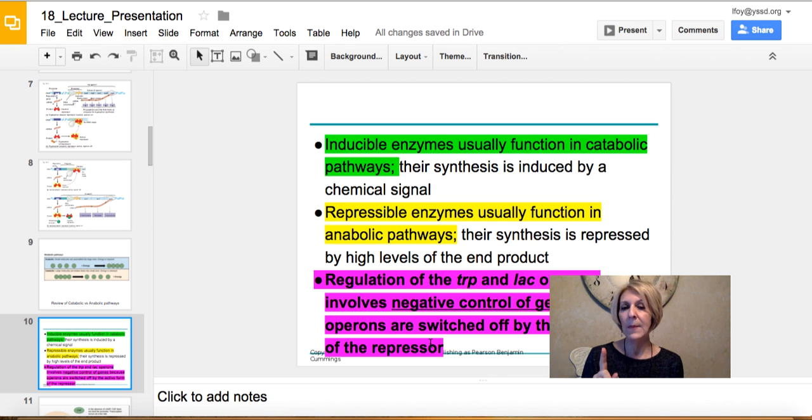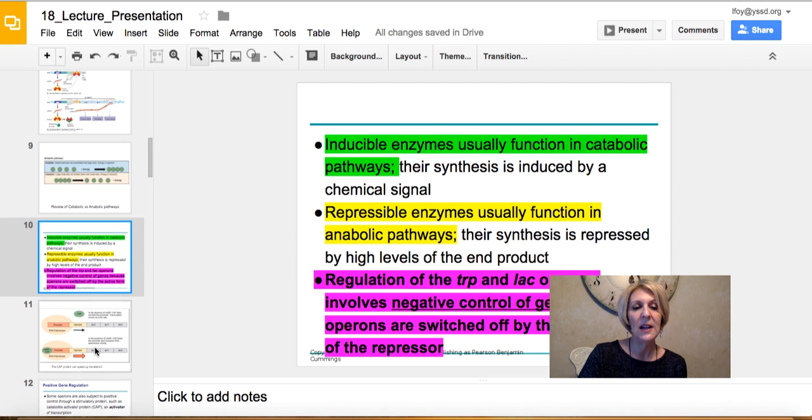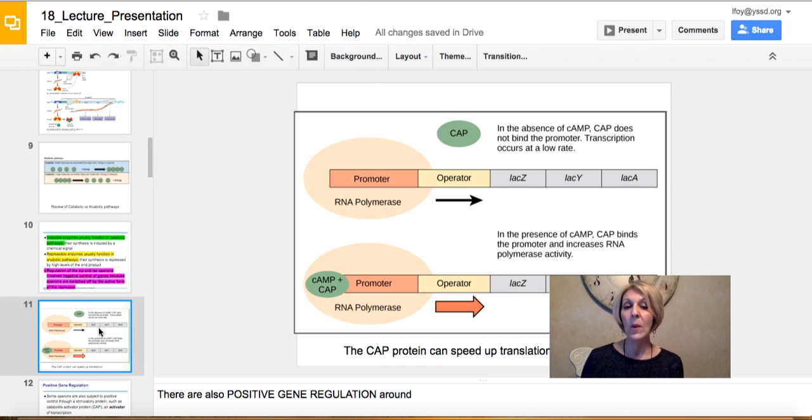Okay, so keep that in mind. You're either turning them on or you're turning them off, but there is a switch that is that little repressor protein that either fits on the operator or it doesn't, and that's a negative control of genes.